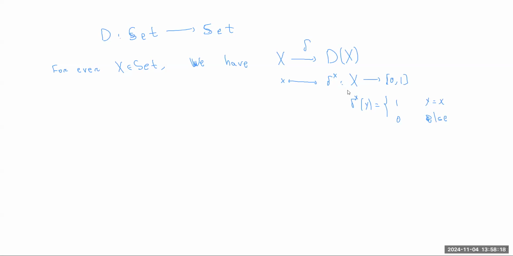This delta is a distribution, and also we have some average of distributions. If we take a distribution on distributions, we can go down to distributions. This is injective and this is a projective map. This is some projection. What does that mean?